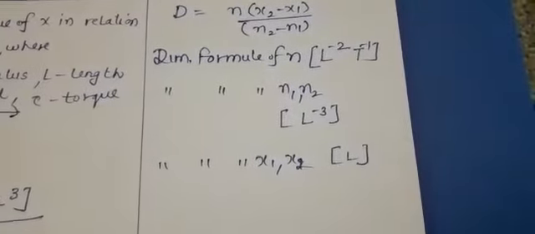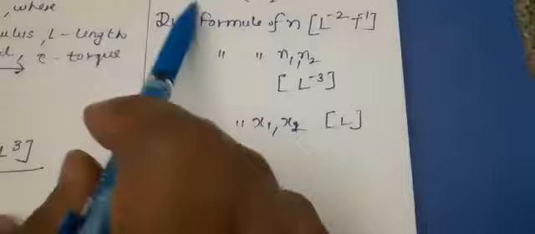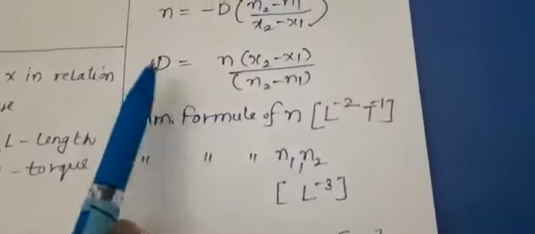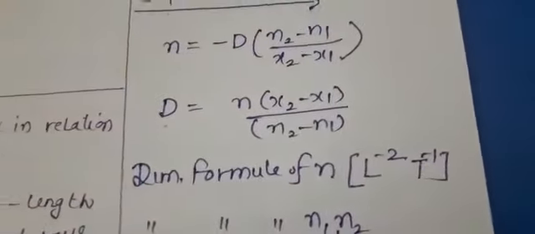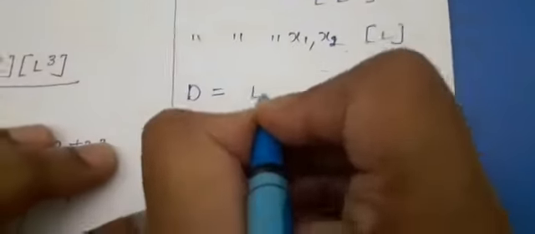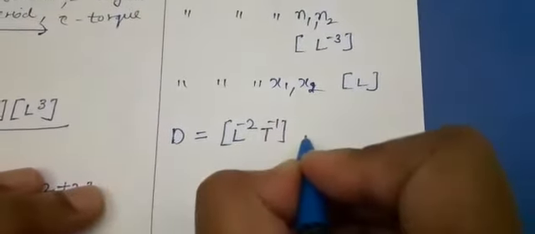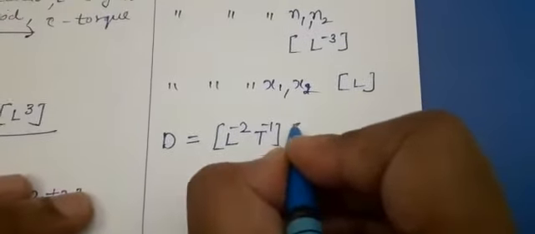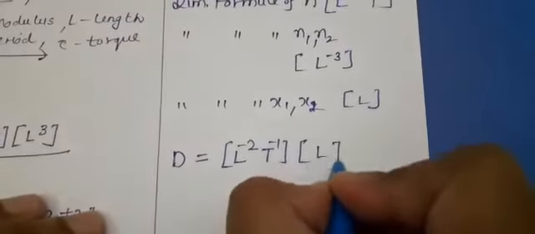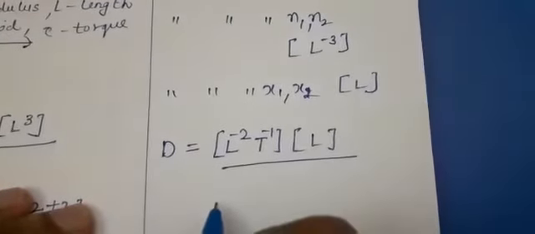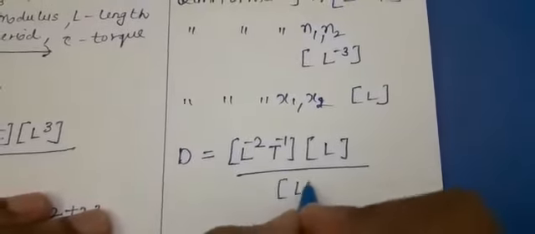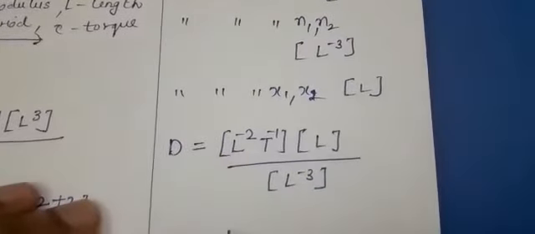Now what you have to do, you have to substitute the value in diffusion constant D. So put the value, substitute it: L raised to the power minus 2, T raised to the power minus 1, then L minus L in x, and n2 minus n1, L raised to the power minus 3.